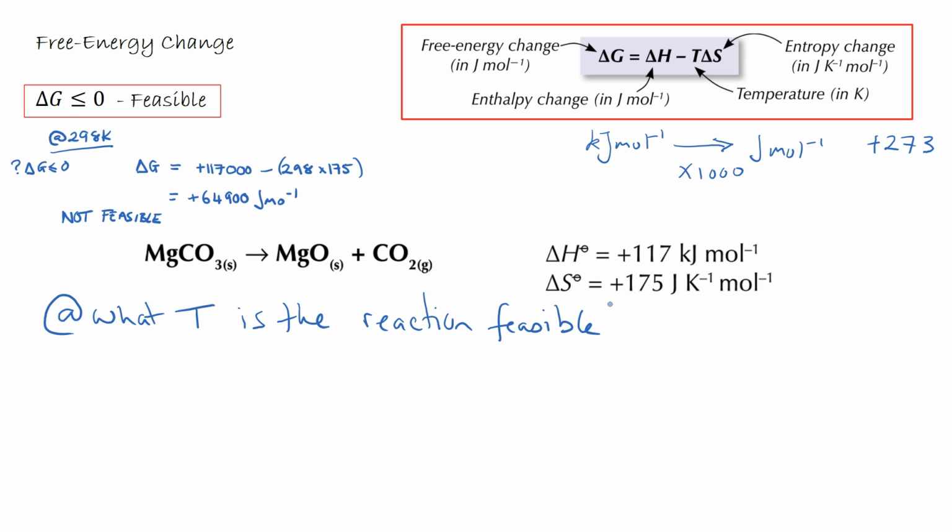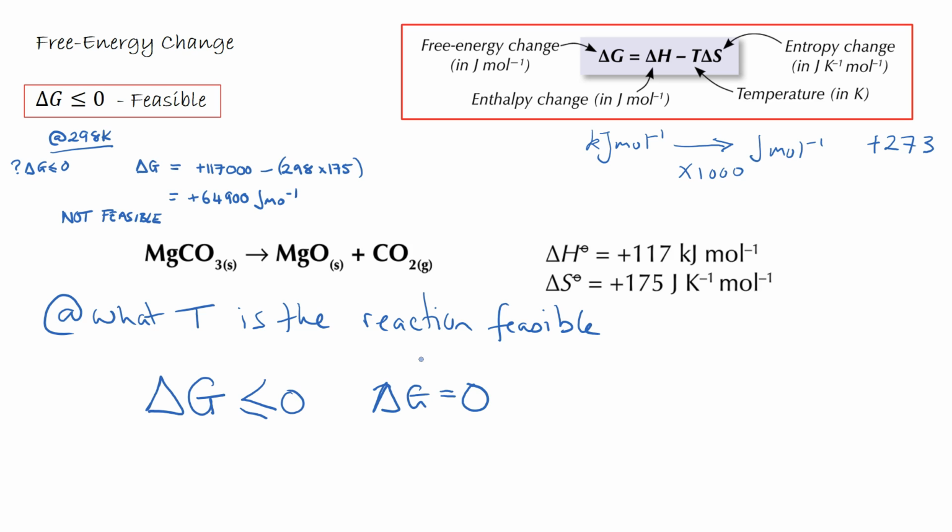And we can do this by simply rearranging our equation. What we know is that the reaction becomes feasible when delta G is less than or equal to 0, or importantly, the tipping point is when delta G is equal to 0. So at this point, we know there'll be a change in temperature, the reaction will become feasible.